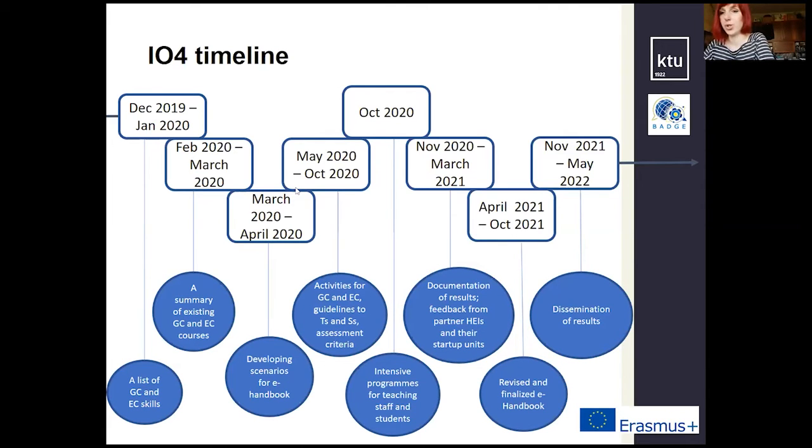And then we're going to design specific activities that would address developing global competences and entrepreneurial competences with the guidelines to both teachers and students. That also include tips and of course objectives, scope, and assessment criteria.